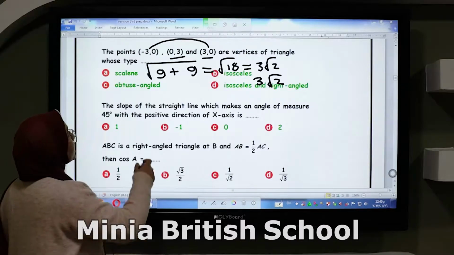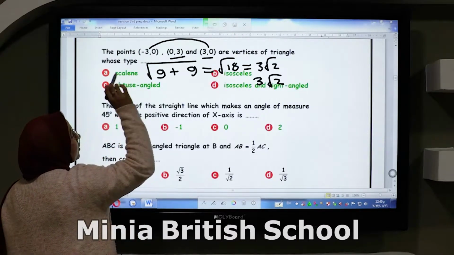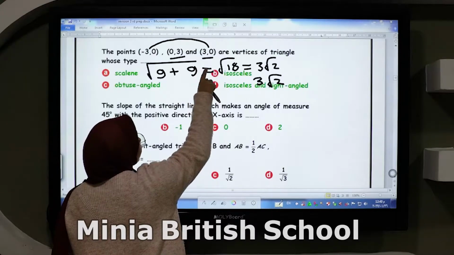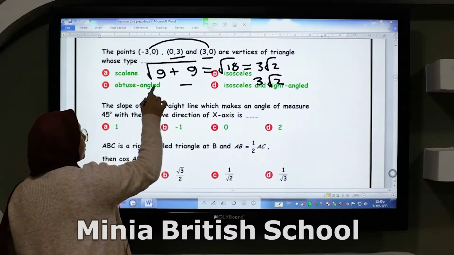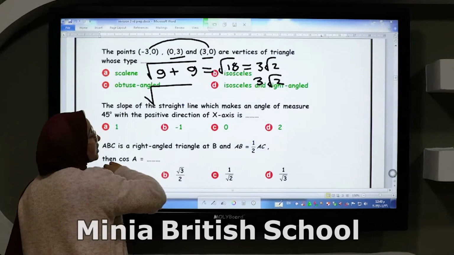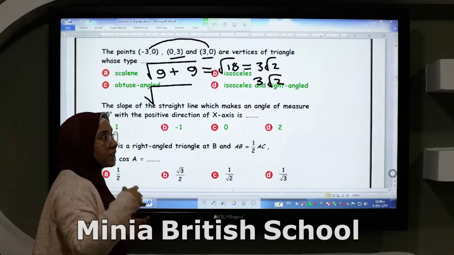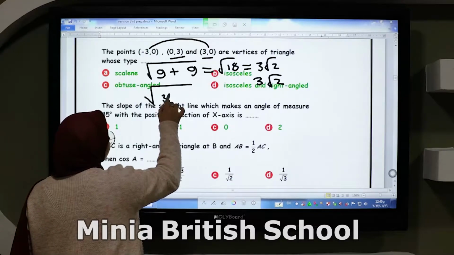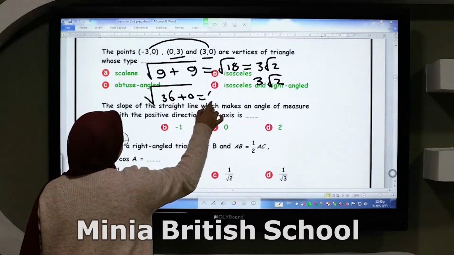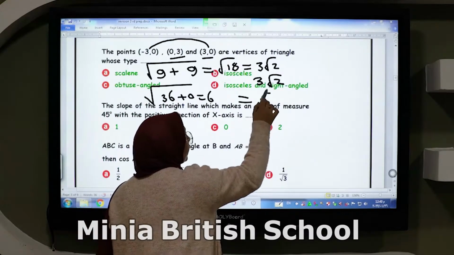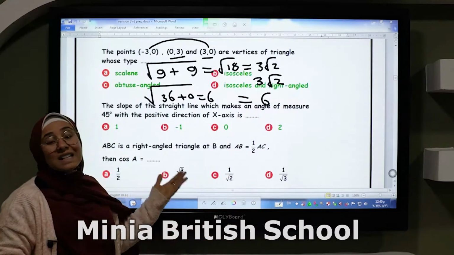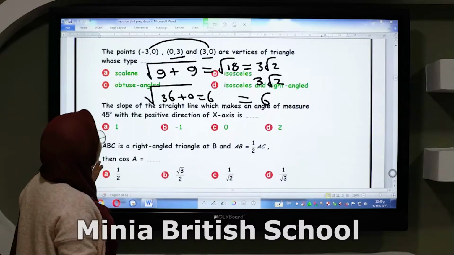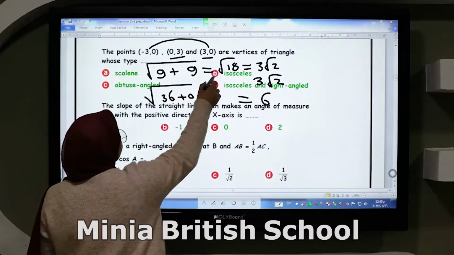We get -3 minus 3, equal to negative 6, power 2 equals 36, plus 0, so it equals 6. So the sides of this triangle are 3 root 2, 3 root 2 and 6. So this triangle is an isosceles triangle, answer B.